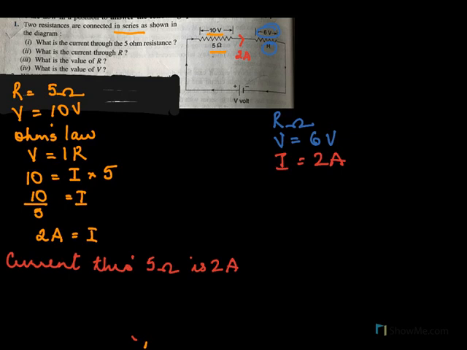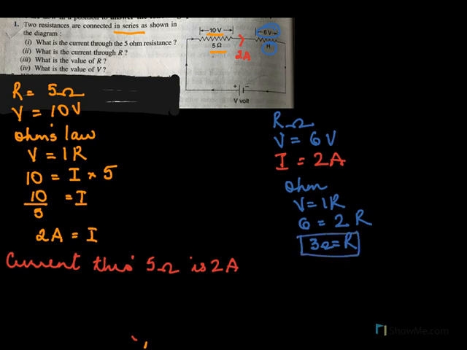Again I put Ohm's law: V equals IR. V was 6, I is 2 amperes, and R is unknown. So R will be 3 ohms.